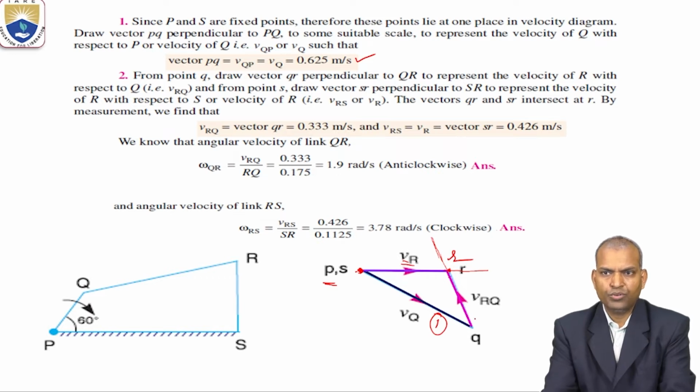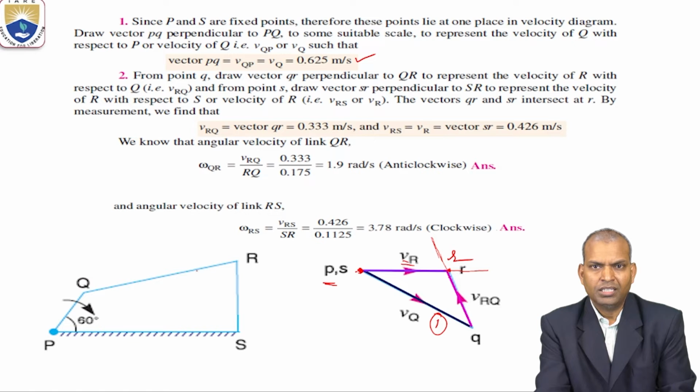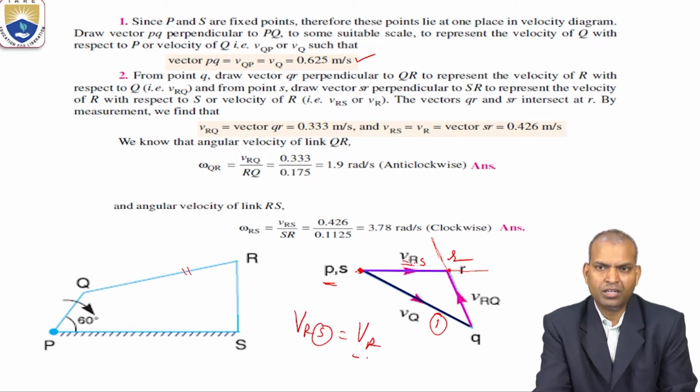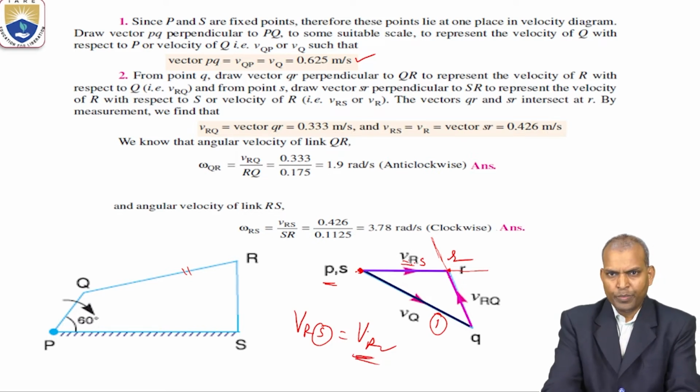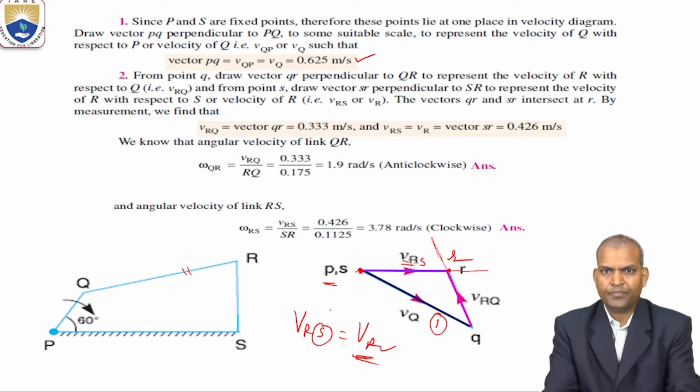Why is it RQ here? QR is not connected directly to the fixed link, whereas R is directly connected to the fixed link. That's why the velocity of R with respect to S, VRS, where S is a fixed link, is nothing but the absolute velocity of R. How many absolute velocities are there?